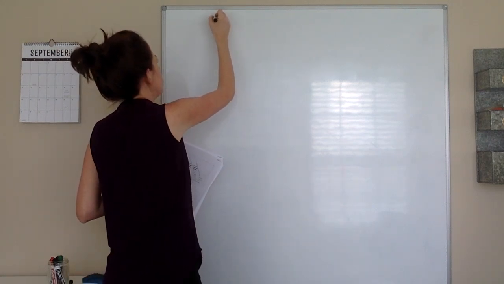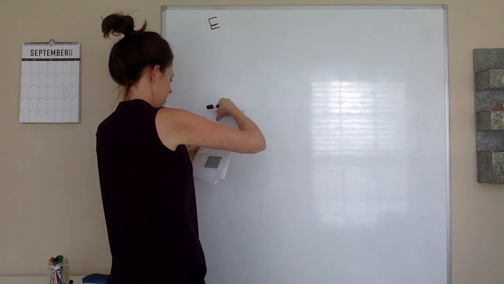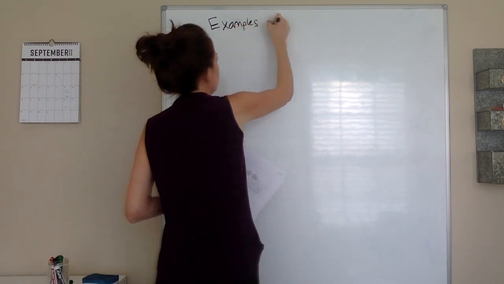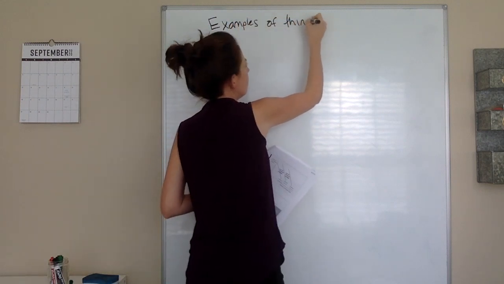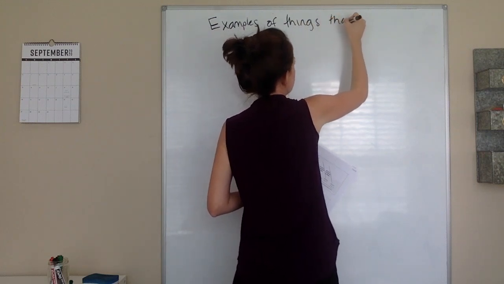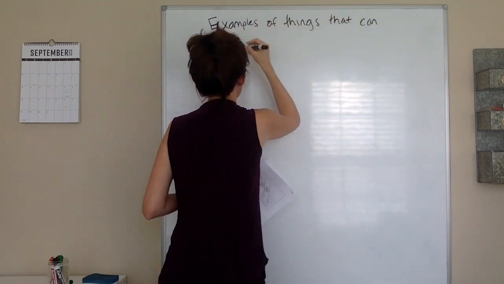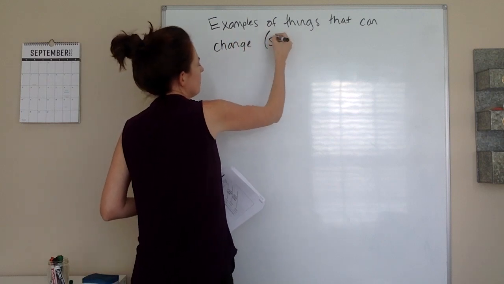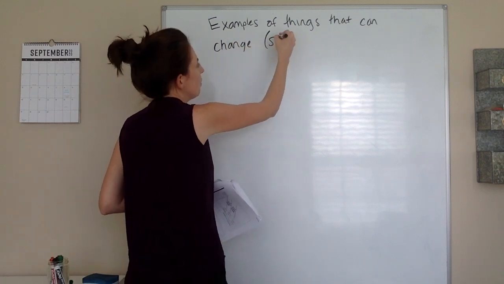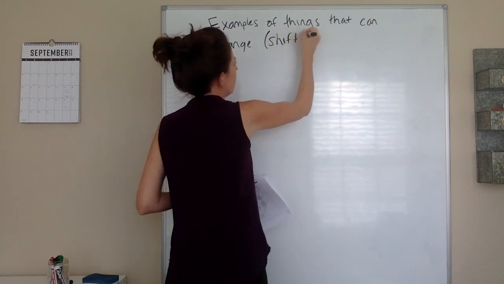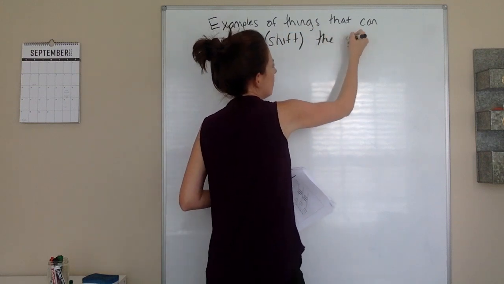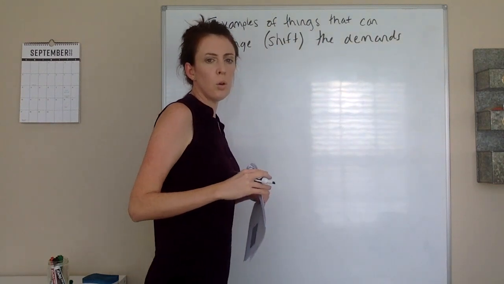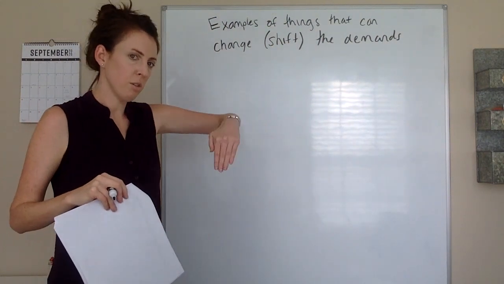So these are examples of things that can change, which is another way of thinking of this, things that can shift the demand. So again, we're thinking of scenarios in which the whole curve might get up and move either to the right or to the left.